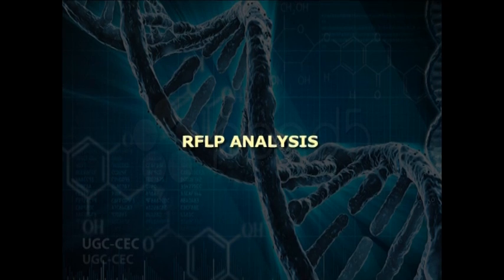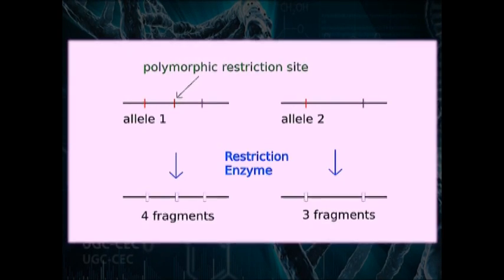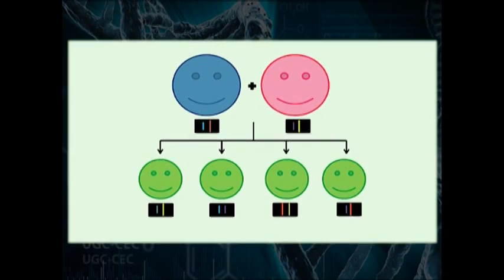Moving on to RFLP analysis. RFLPs involve fragmenting a sample of DNA by a restriction enzyme which can recognize and cut DNA wherever a specific short sequence occurs. An RFLP occurs when the length of a detected fragment varies between individuals and can be used in genetic analysis.